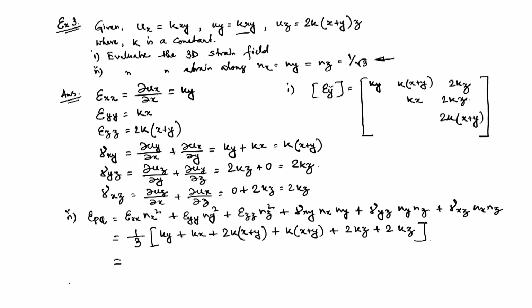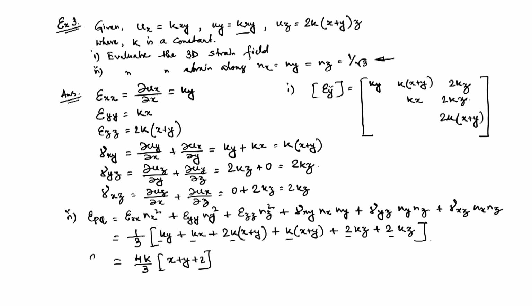And if you look at this expression, we can take this k common first thing, and then we can open this bracket and further simplify. If you do that, we get 4 times k by 3, and within bracket we have x plus y plus z.